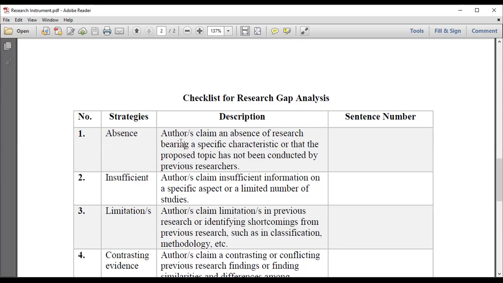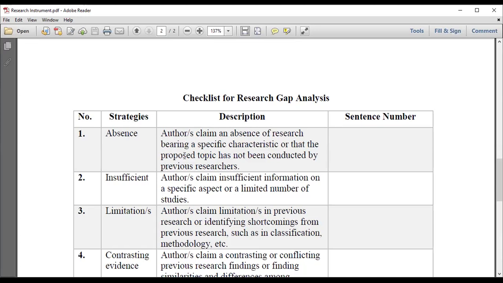The first strategy is called absence. When the authors claim that there is no study conducted on this topic before. There is no study. That possibility is also at the beginning of the abstract, not in the middle, not at the end of the abstract. In move one.